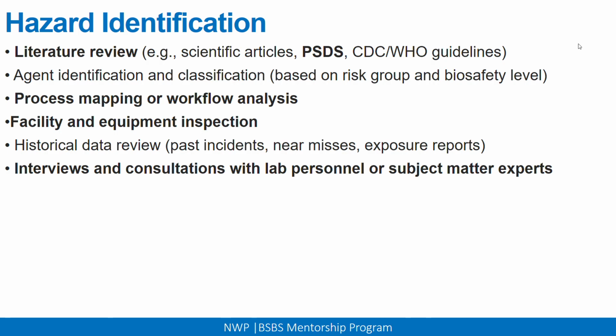Another method you can use is interviews and consultations with lab personnel or subject matter experts. If you're doing a risk assessment for the microbiology section, the easiest way to get information about the biological agents under that section is to go and ask the people who are actually testing for these agents about their properties, because they will have the know-how and knowledge on each and every biological agent they are handling.